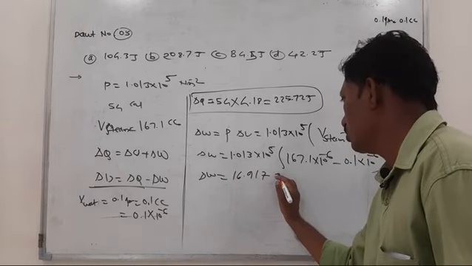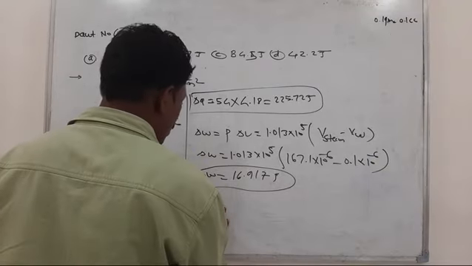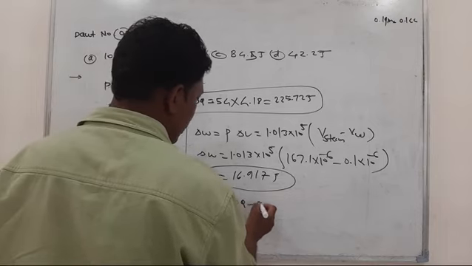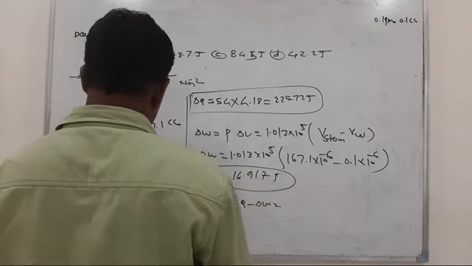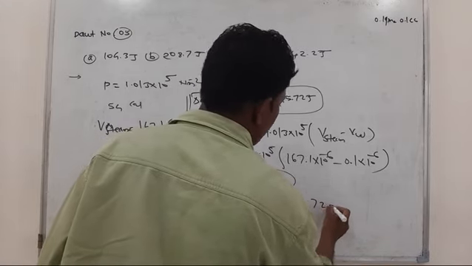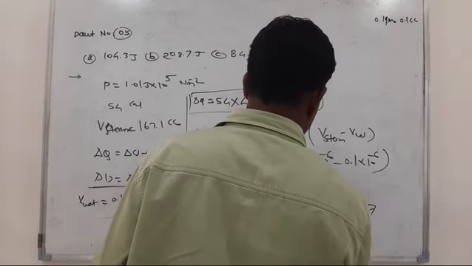It is 16.917 joule, that is the work. Now we get the internal energy: delta U must be equal to delta Q minus delta W. Delta Q is 225.72 minus delta W, which is 16.917.